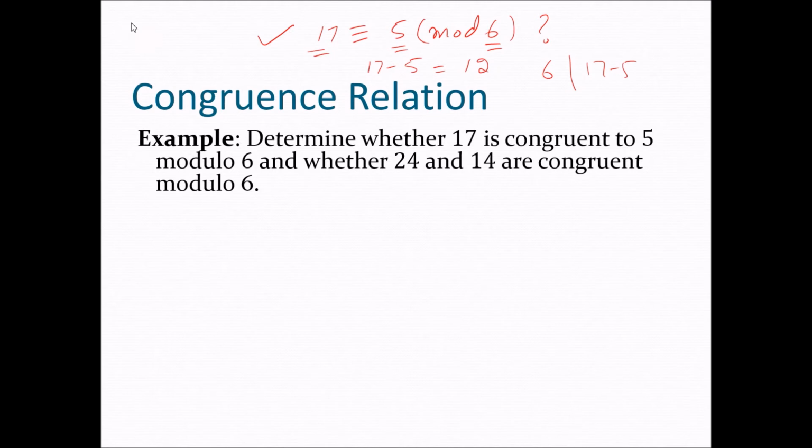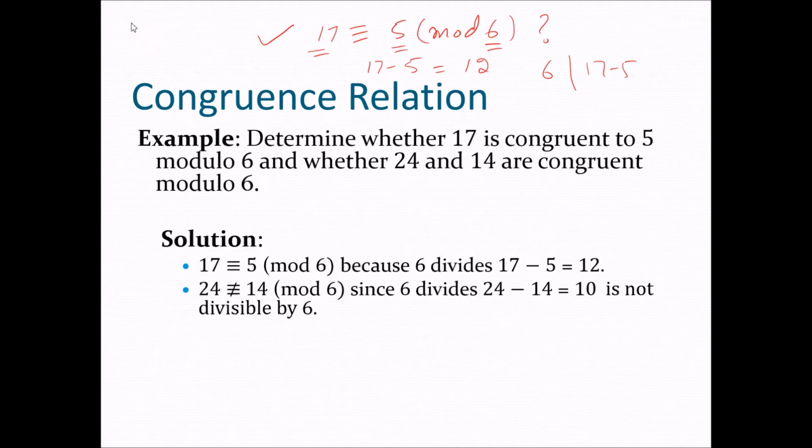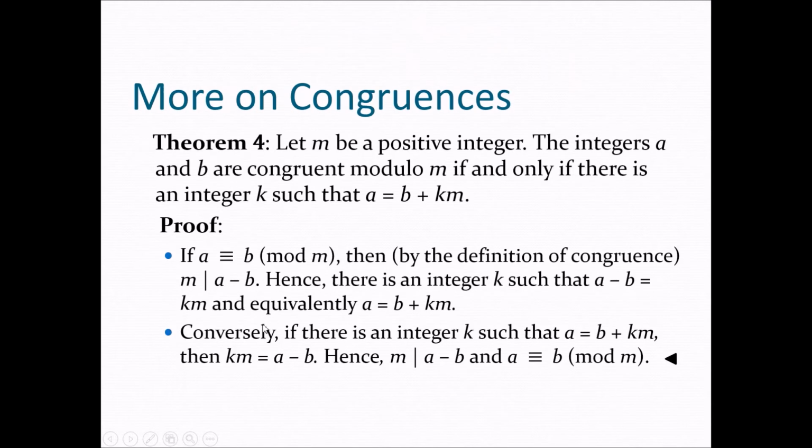Let's have a look at the result. 17 is congruent to 5 mod 6 because 6 divides 17 minus 5, that is 12. And 24 is not congruent to 14 because 6 does not divide 24 minus 14, that is 10. So here this is not a congruent relation.